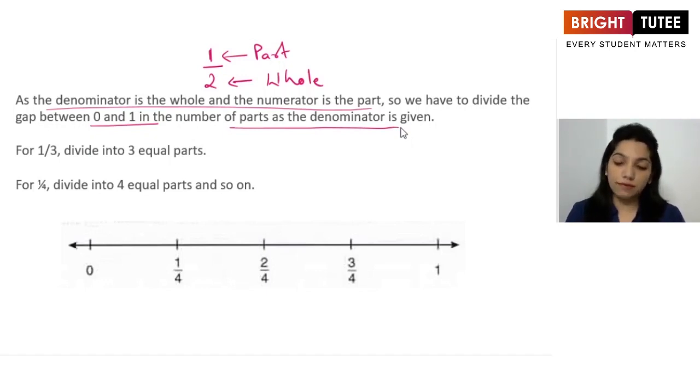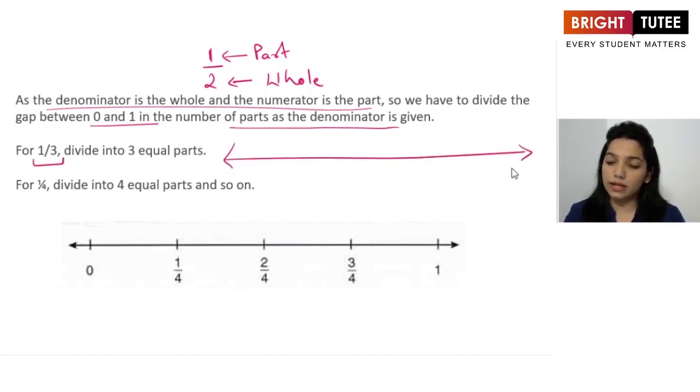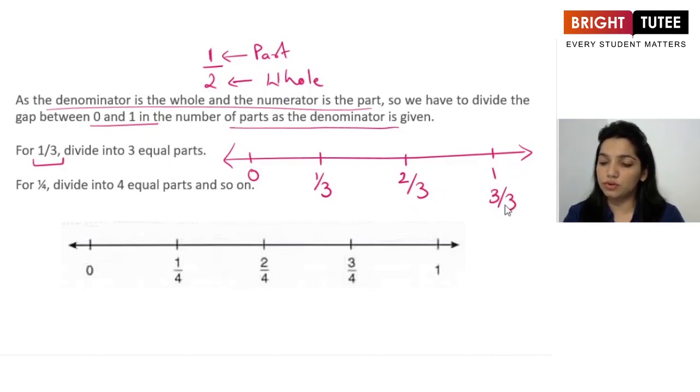Say if you are making 1/3, how many parts do you need on your number line? On your number line, if this is 0, this is 1, you need to divide it into exactly 3 equal parts. So this will be 1 over 3, this will be 2 over 3, and this one is basically 3 over 3.